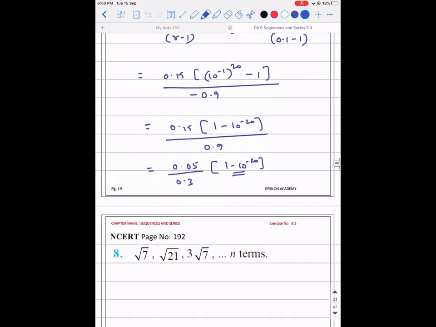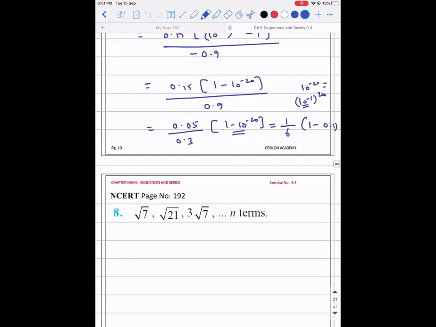Okay, that is also right. So it is 1 by 6 because 0.05 into 6 is 0.3. 1 by 6 into 1 minus 10 power minus 20 can be written as 10 power minus 1 to the power 20. 10 power minus 1 is nothing but 0.1. I think this is the way it is given in the textbook, right? 1 by 6 into 1 minus 0.1 power 20.